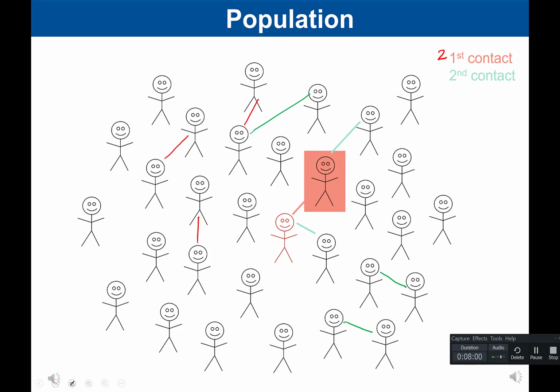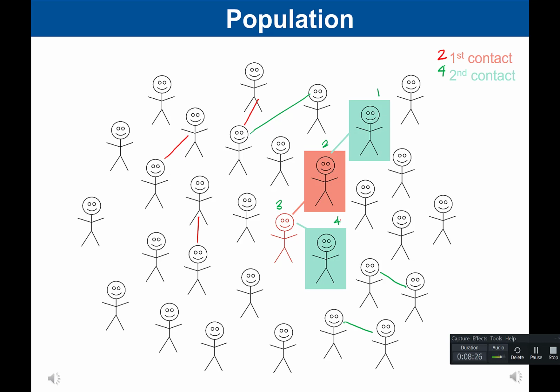And so after this sexual contact, now those people became infected. And notice that after two contacts, we would expect that 4 people will have the disease. And so we have our 1, 2, 3, and 4. And again, this is assuming that both people have 2 contacts.